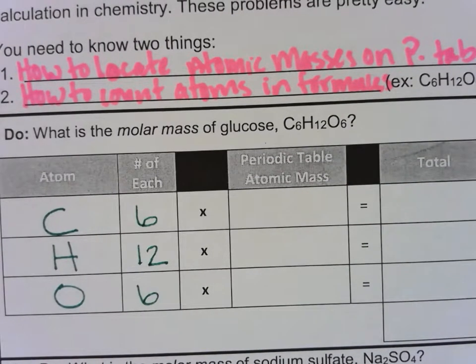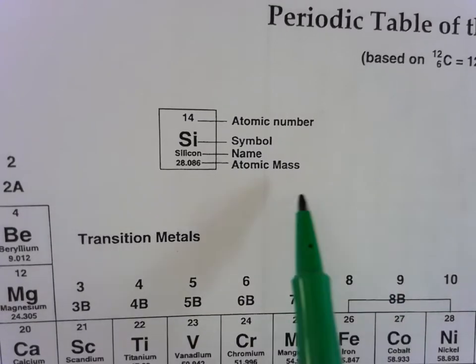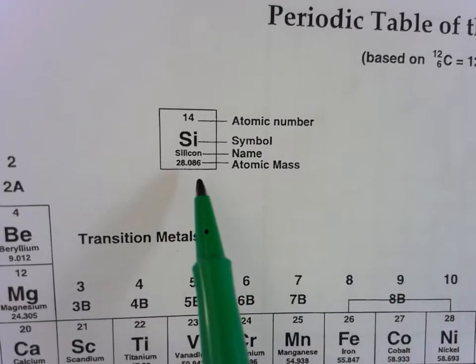And then I need to go to the periodic table and find the atomic masses. All atomic masses are equal to a mole. Right? Atomic mass is written on the bottom.